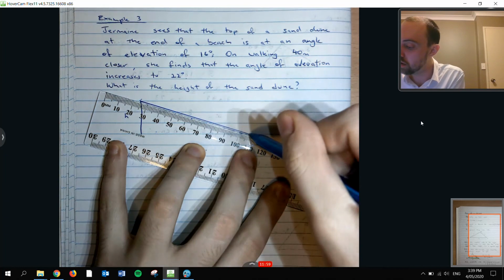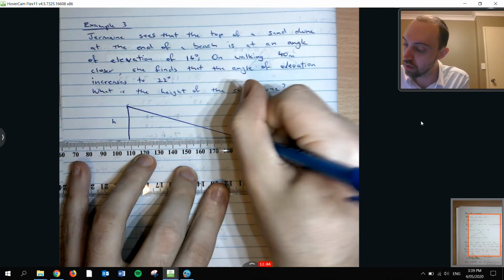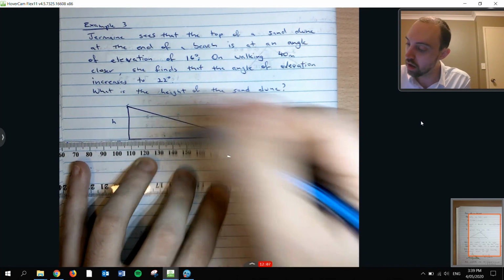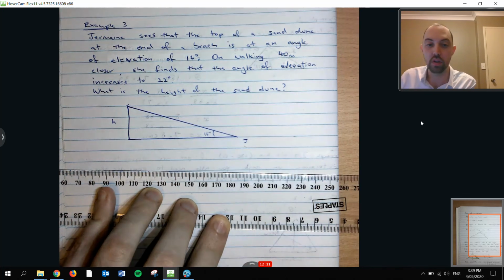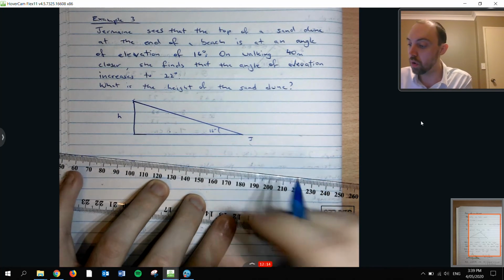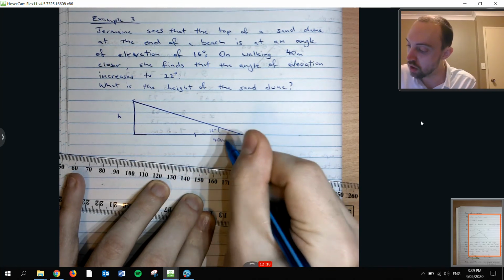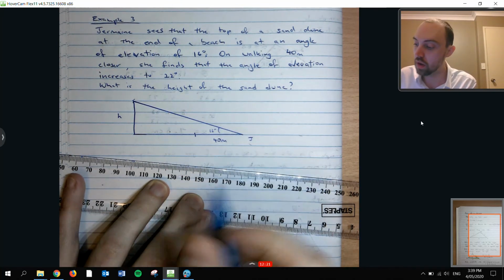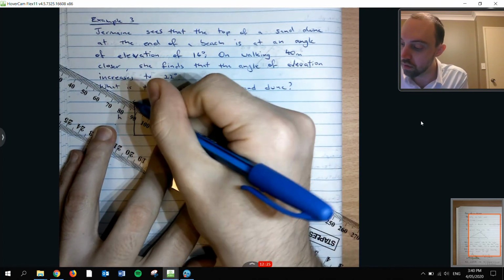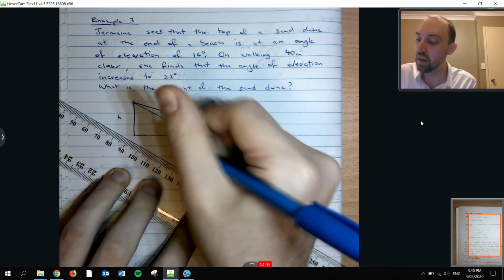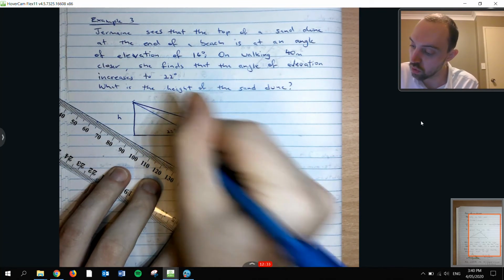So we're going to have this angle here, the angle of elevation from Jermaine to begin with, is 16 degrees. But Jermaine walks 40 meters closer to the sand dune. So once she finishes her 40 meter walk, the angle of elevation to the top of the sand dune is 22 degrees.